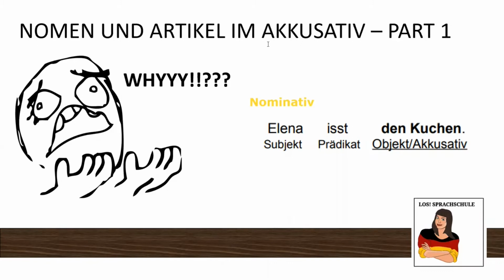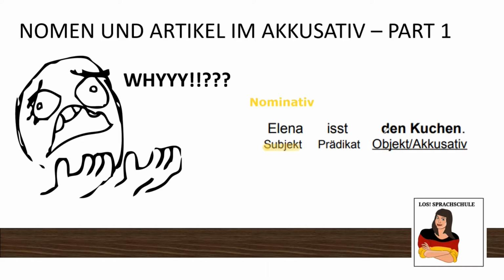The nominative always shows the subject of a sentence. So who does something? Saying it in an easy way, of course, it can be more complicated. So the subject. If we say Elena eats the cake, in English you would say, okay, easy enough. The cake doesn't change.